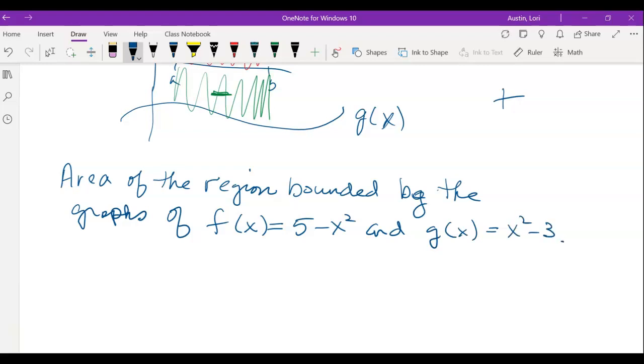So how did I just make that problem harder? That's it. I want the area bounded by the graphs. I just took that concept, and how did I make it a little bit harder?